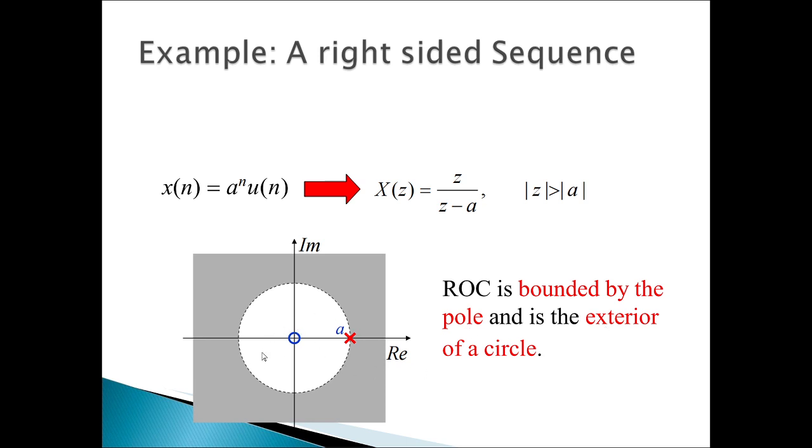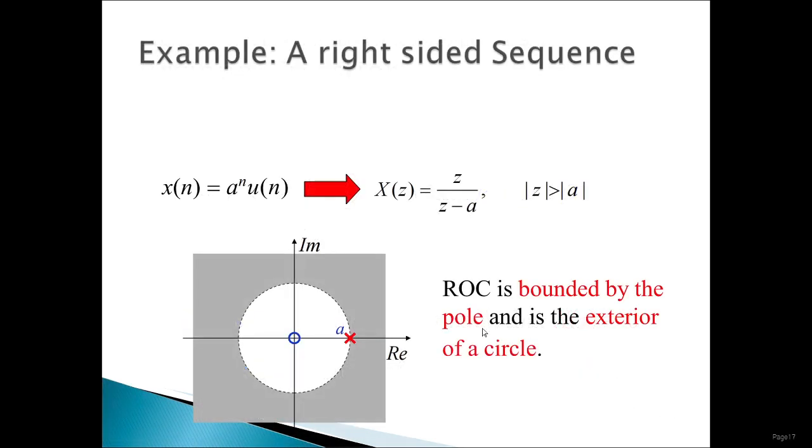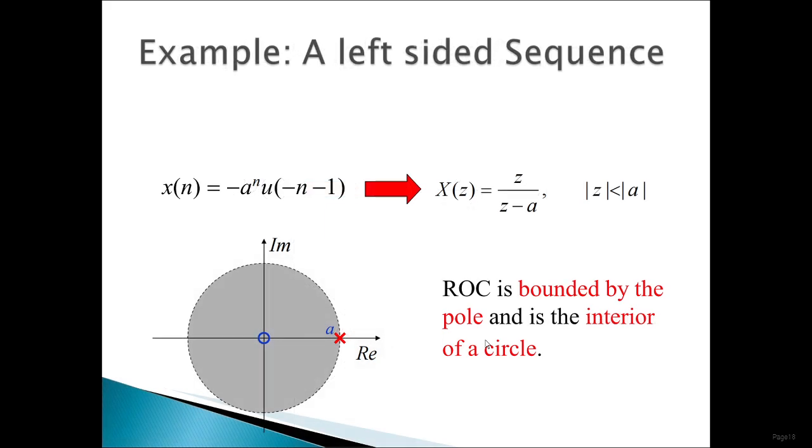If you substitute values of z below a, you will get modulus of X of z equal to infinity, so we call them poles. So likewise you can have the poles and the zeros.